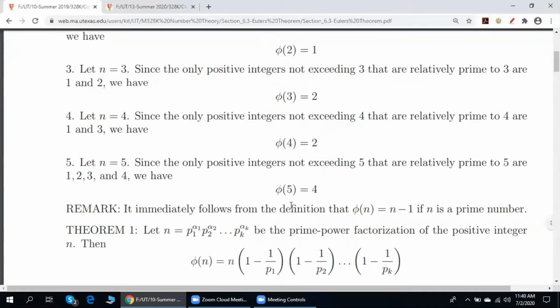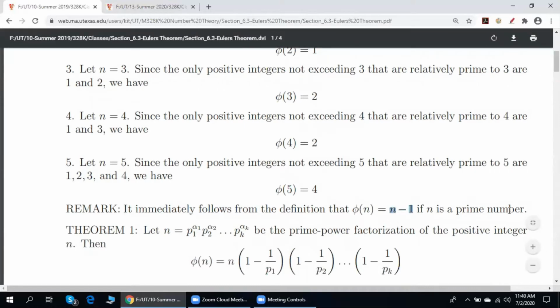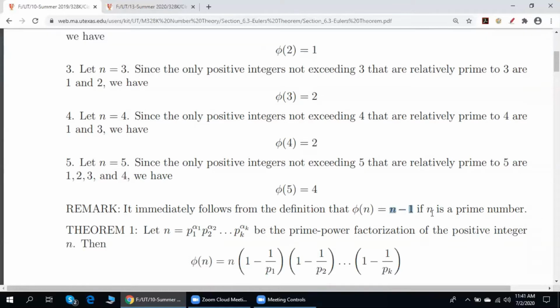Remark: it immediately follows from the definition that phi of n is equal to n minus 1 if n is a prime number. Because if n is a prime number, there are n minus 1 numbers between 1 and n that are relatively prime to n.